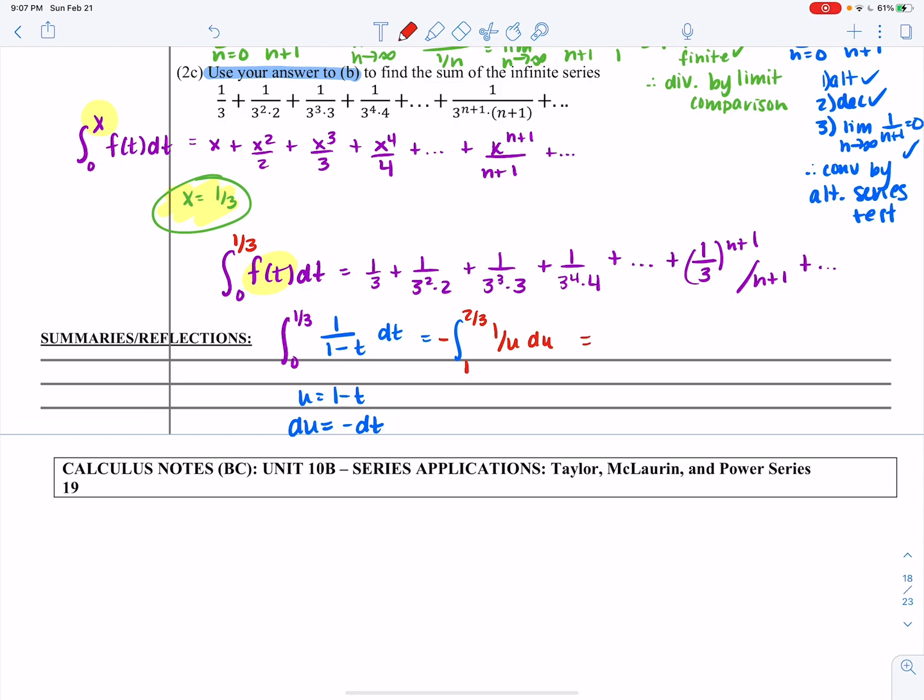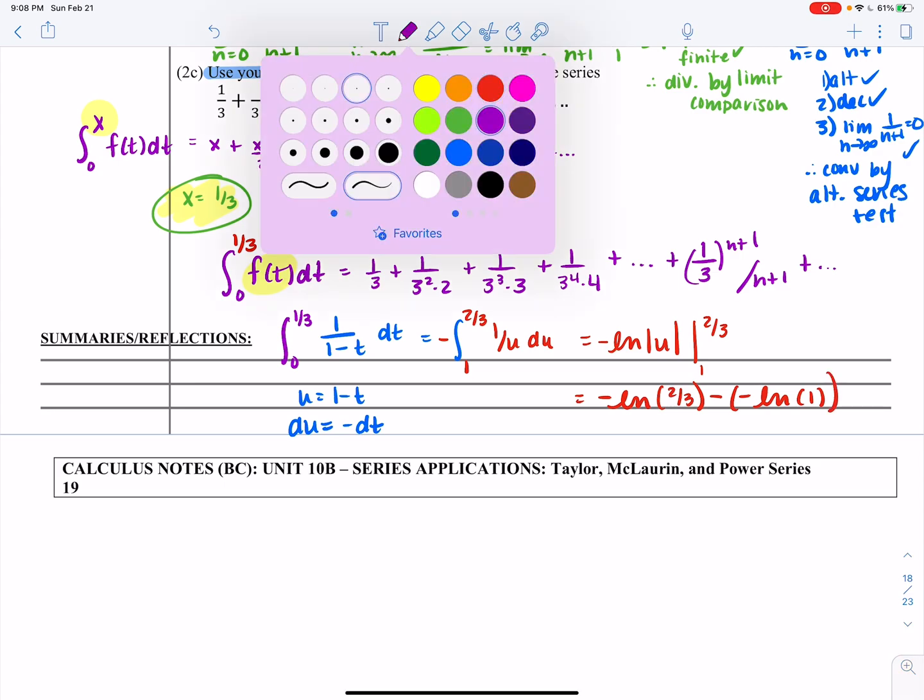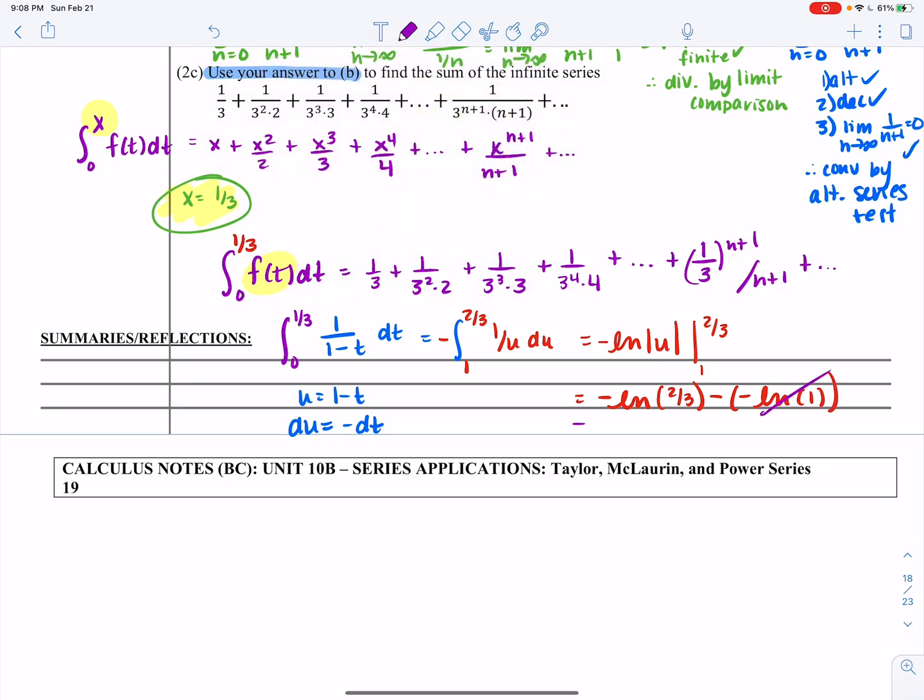What is the antiderivative of 1 over u? Natural log absolute value of u, and it's going to be negative. We're evaluating that from 1 to 2/3. Let's plug it in. Negative natural log 2/3 minus negative natural log of 1. We know that the natural log of 1 is 0. So this is the negative natural log of 2/3.